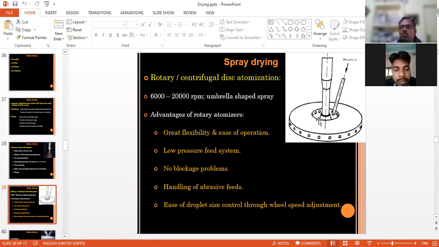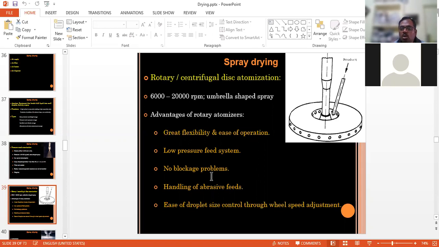And what is the advantage of the rotary atomizer? These are very easy to operate because they have great flexibility. Great flexibility and easy operation is one of the major advantages of these rotary atomizers. Low pressure feed system.